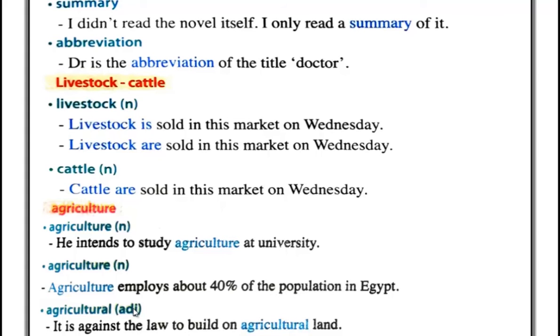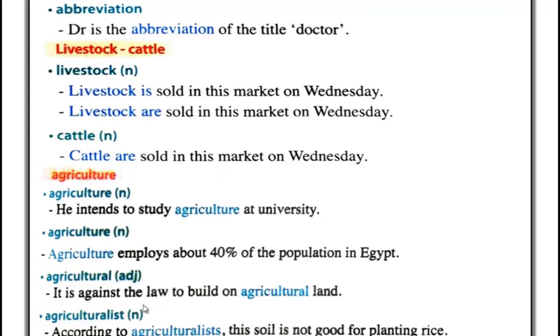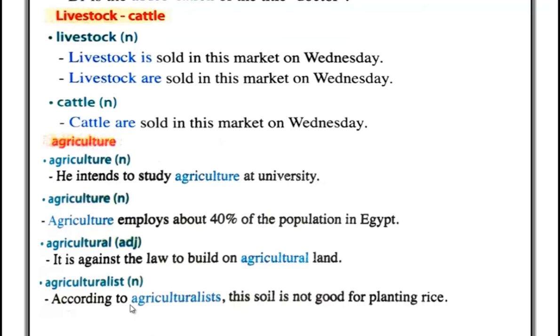Agricultural, adjective: it is against the law to build on agricultural land, cultivated land. Agriculturalist: according to agriculturalists, the persons who are interested in agriculture, this soil is not good for planting rice.